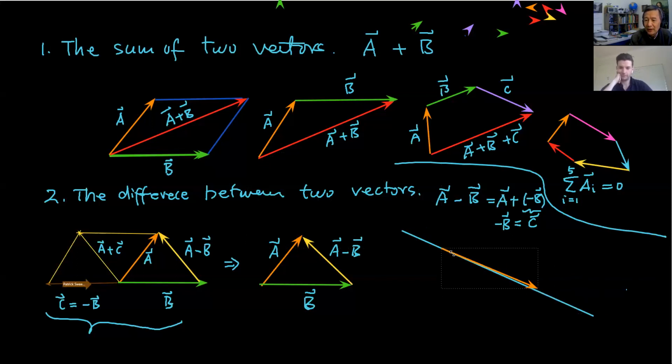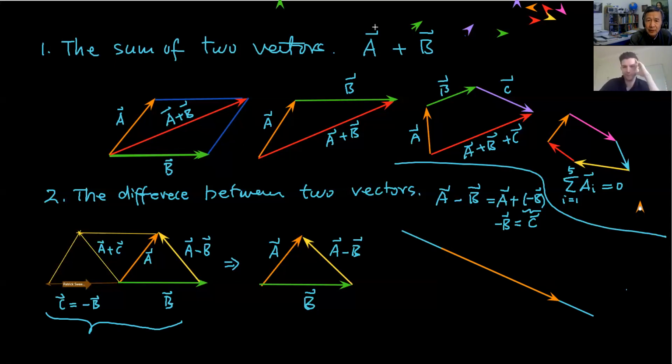To describe that line, all you need is one vector to describe the direction, and then some sort of scalar to describe the position, the span, or the magnitude, the distance from its tail.